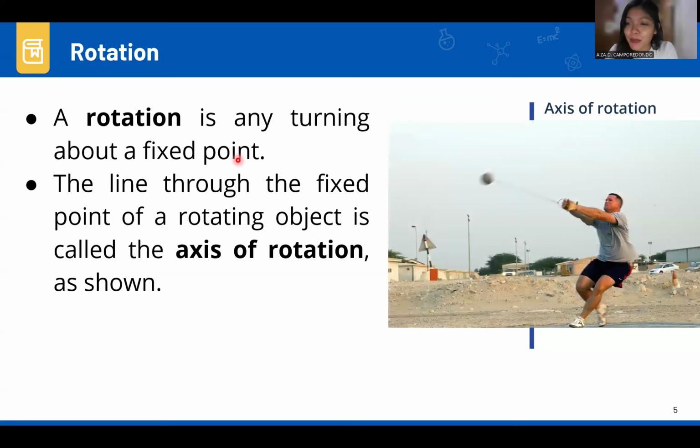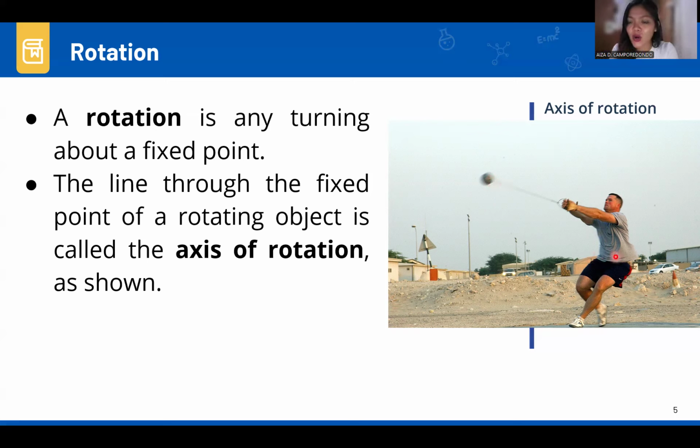Consider a man in a hammer throw. Right here, the object is the one being rotated. Thus, the object's location is the one that is changing. The location of the ball or the hammer is changing.